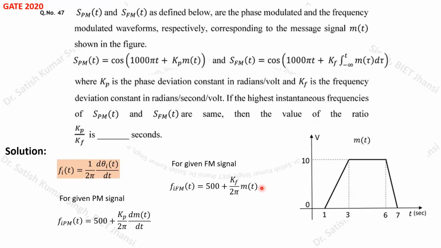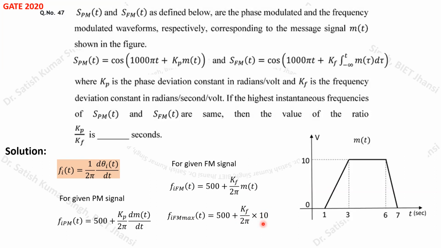If you substitute m(t) = 10 volts into this expression, we get the maximum value of the instantaneous frequency in the case of FM: 500 + kf/2π, with m(t) taking the value 10 volts.